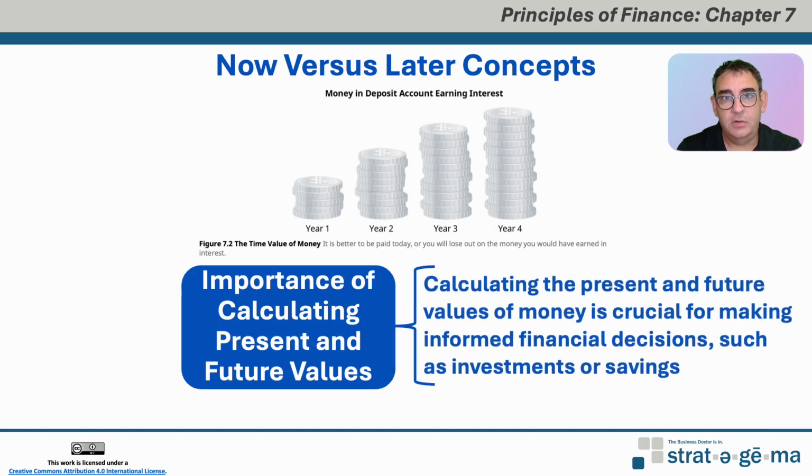Calculating present value and future value is critical in making financial decisions. It's because these calculations are really at the heart of investment planning, saving strategies, even corporate finance concepts like capital budgeting. So, for instance, let's say that you are considering two investment options, one that promises a future payout and one that offers immediate returns, just like we were dealing with at the very beginning with the lottery scenario.